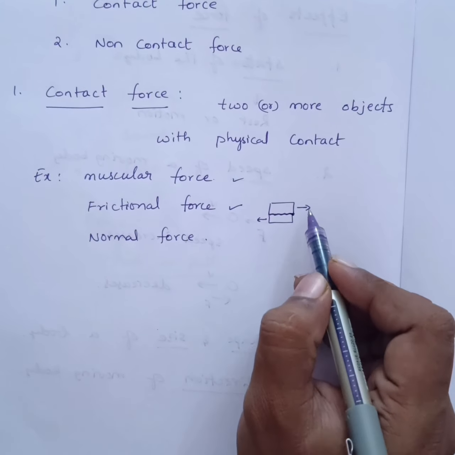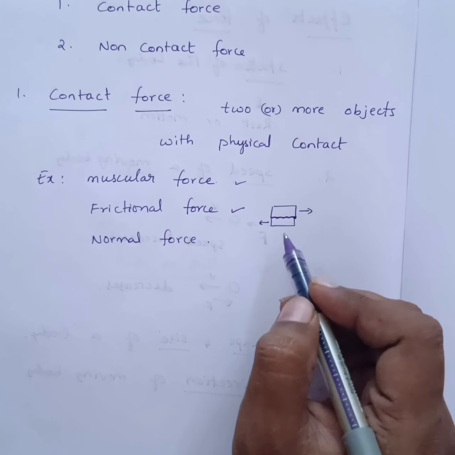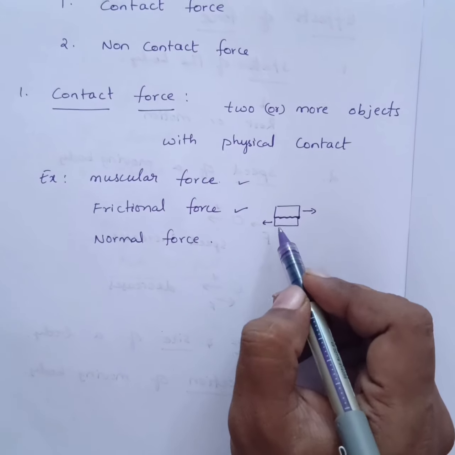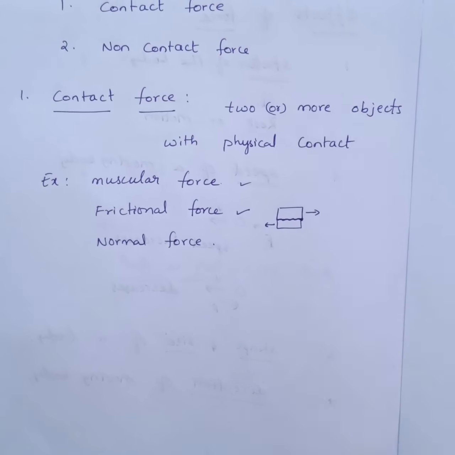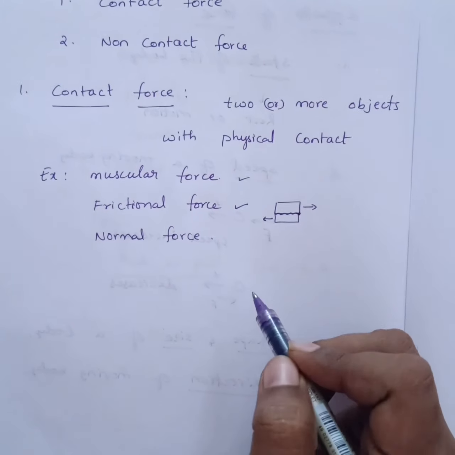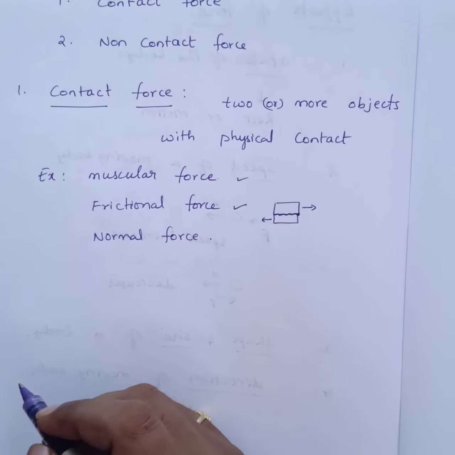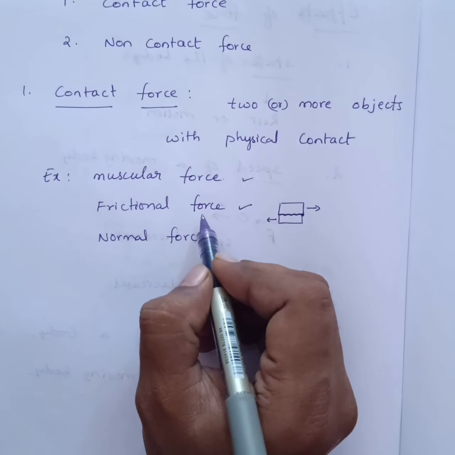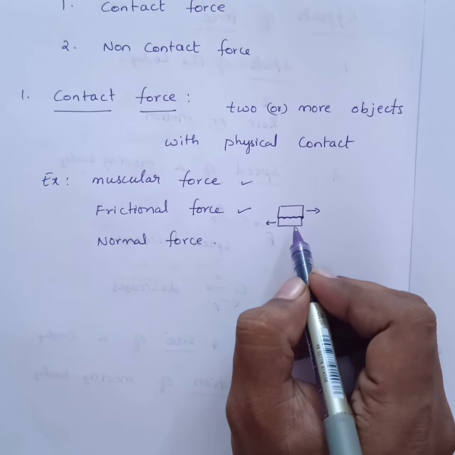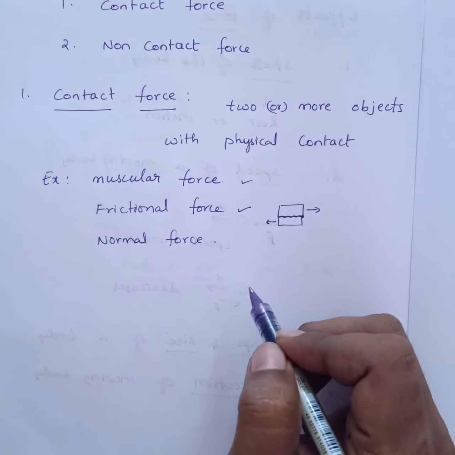When one object is moving on another object, that motion is opposed by frictional force. It is a force which opposes the relative motion between two bodies.